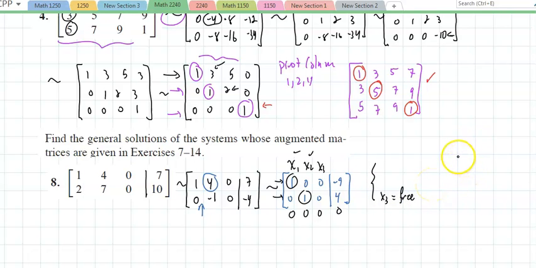If I let x3 be t, and here if you put it in reduced row echelon form, then x2 must be a 4 and x1 must be a -9.